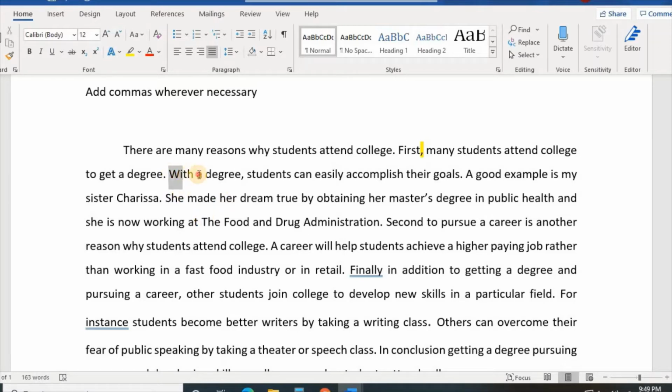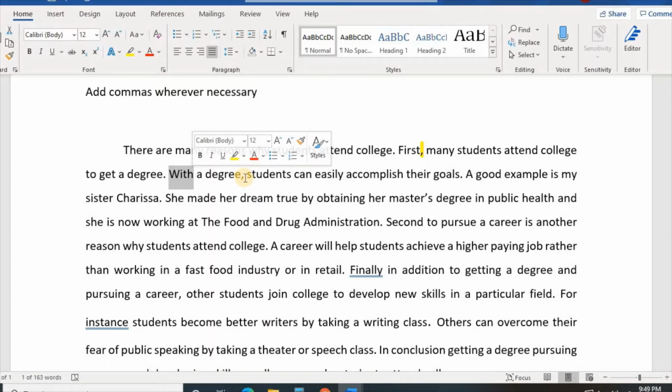In this sentence, we have an introductory phrase in the form of a prepositional phrase. Remember, each time you start your sentence with a preposition, and prepositions include in, on, at, from, behind, between, over, above, etc. Anytime you start your sentence with a preposition, make sure to put a comma where the prepositional phrase ends.